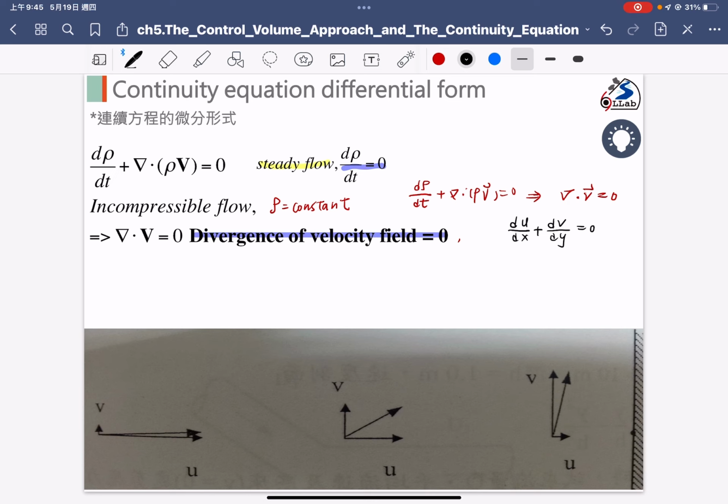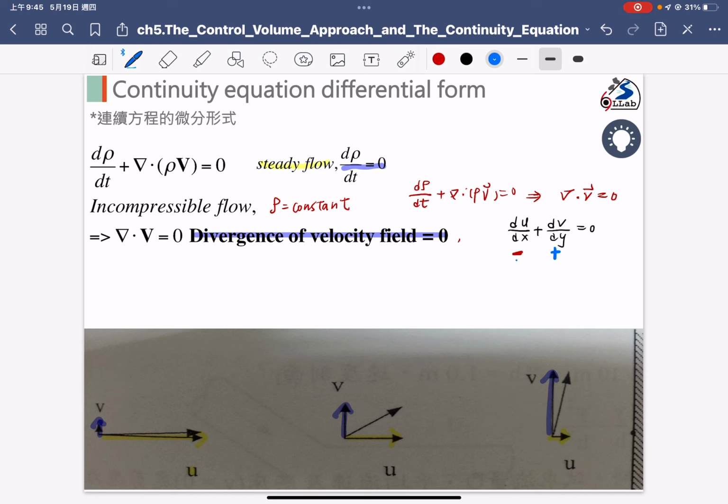On the bottom you can see the velocity: the u velocity is initially larger, and then to the right-hand side it decreases along the x direction, so we have a minus here. For the y velocity v, initially v is smaller, and going to the right-hand side v increases along the y direction, so that item is positive.